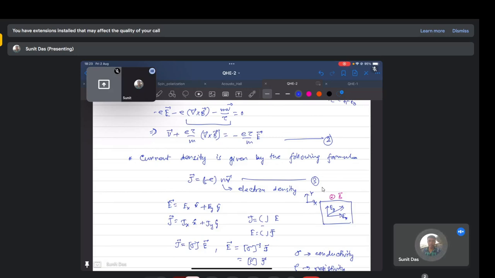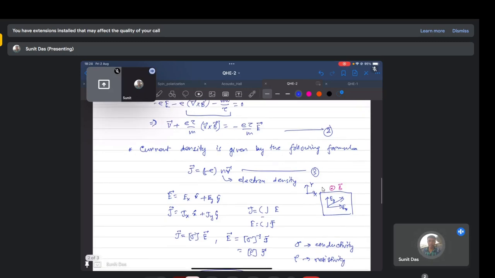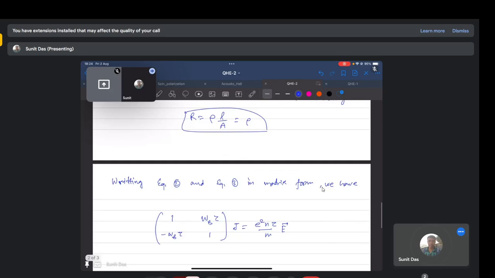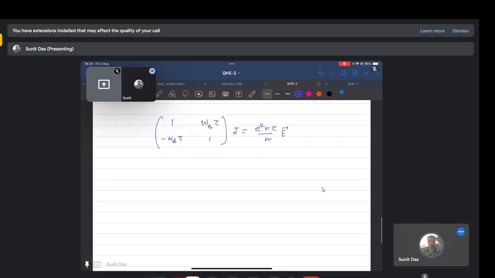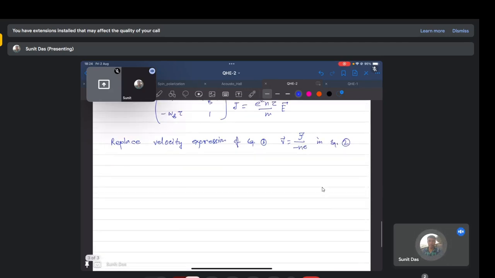Yeah, so how do we get it? Just replace the velocity expression, which is velocity equal to J by minus n e, in equation 2. Then what will we get?